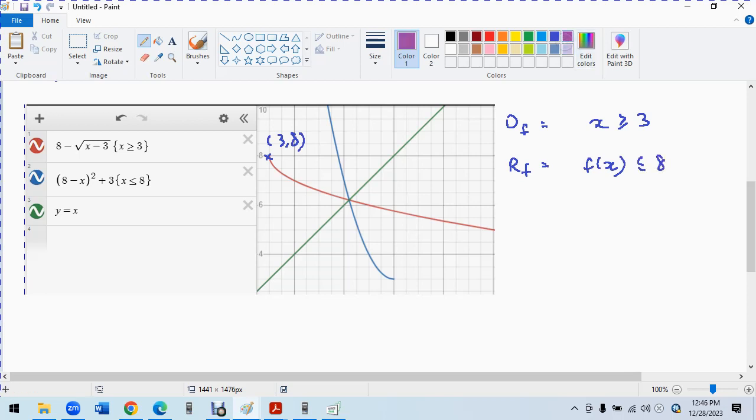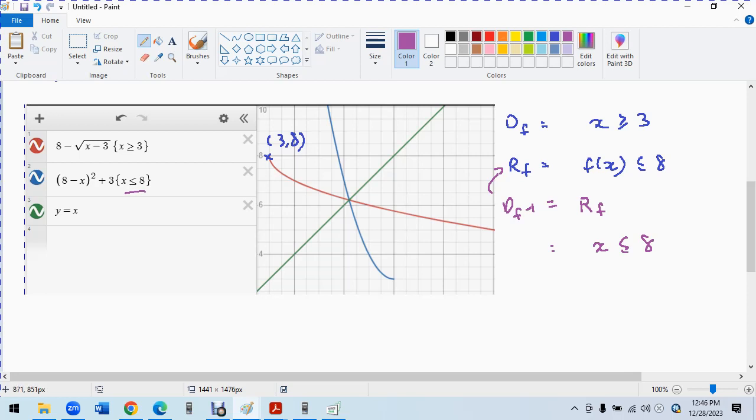So we know that the domain of f inverse will become the same as the range of f. Therefore it is x less than or equal to 8.